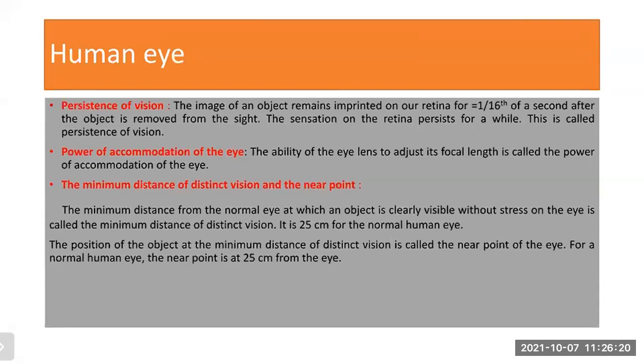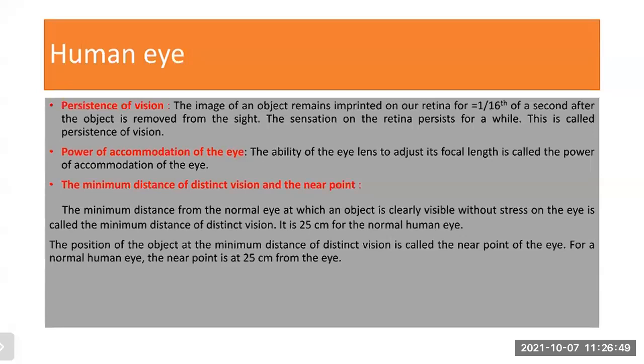No. But whenever you hold a book, you try to keep the book at such a distance from where the letters are clearly visible to you. So that distance is about 25 centimeters for the normal human eye. And that distance is the minimum distance of distinct vision. It is also called the near point of the eye.